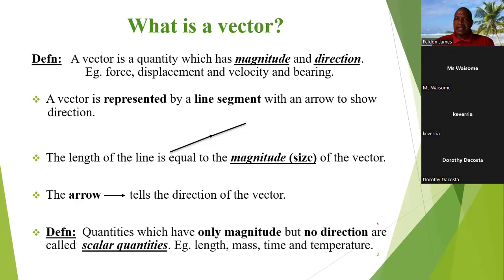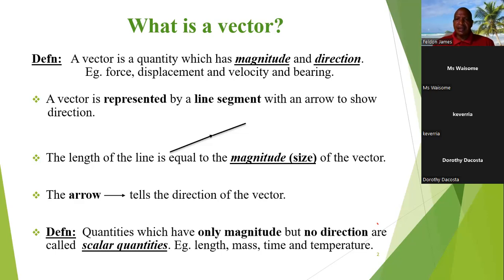Now, because of that, most vector quantities, we are unable to see the quantity acting in the straight line. So because we cannot see it, we use a line segment to represent a vector quantity.